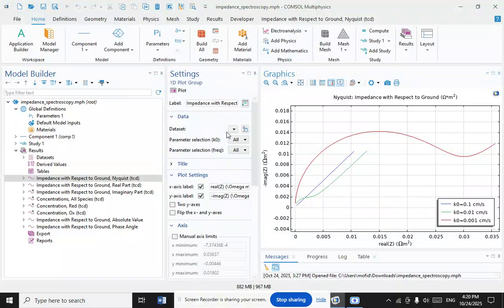The purpose of this application and simulation with COMSOL software is to understand electrochemical impedance spectroscopy, Nyquist, and Bode plots. The application lets you vary the bulk concentration, diffusion coefficient, exchange current density, double layer capacitance, and the maximum and minimum frequency.